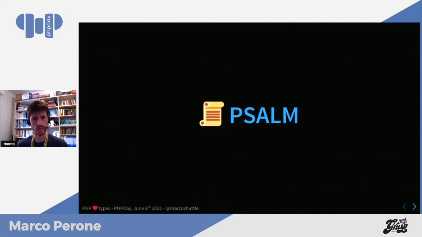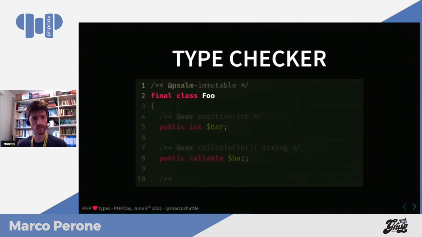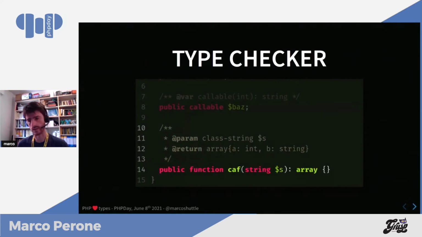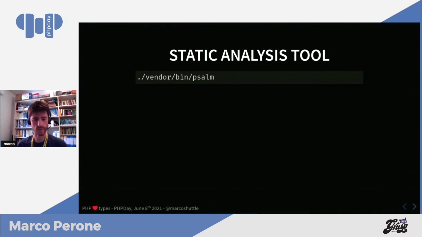And how does Psalm work? Basically, it's a type checker. You annotate your code through docblock annotations, providing information about the types of the values which go through your application. And you can put annotations in several places, for example, at the class level, at the class property level, at the method level, stating the type of the inputs and the return types of any method. In this way, you provide information to Psalm, and then you can just go to your console and run Psalm as a static analysis tool.